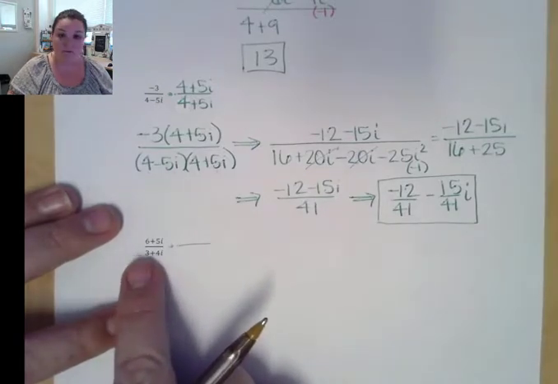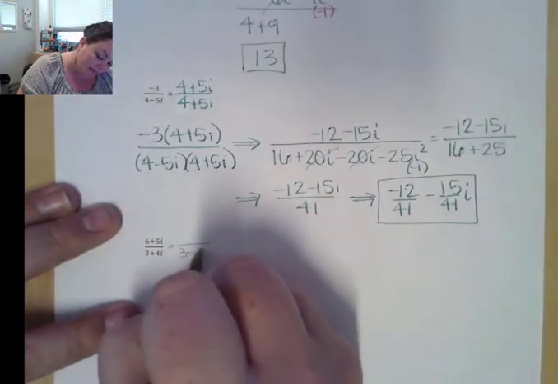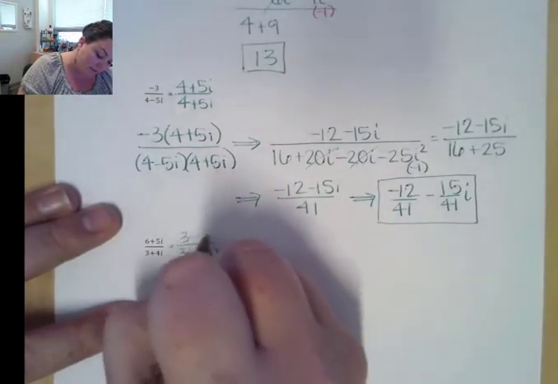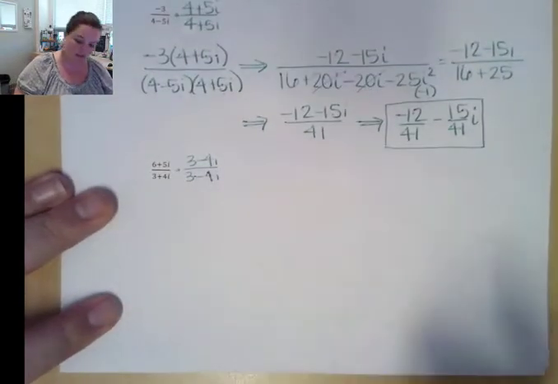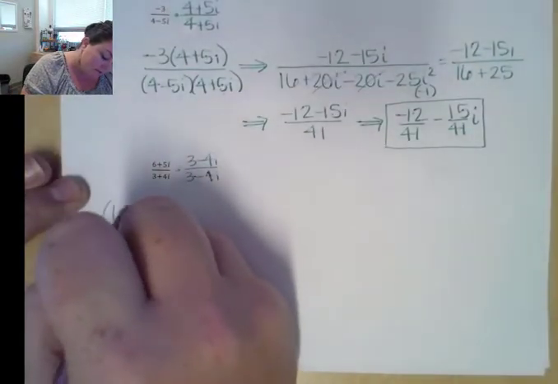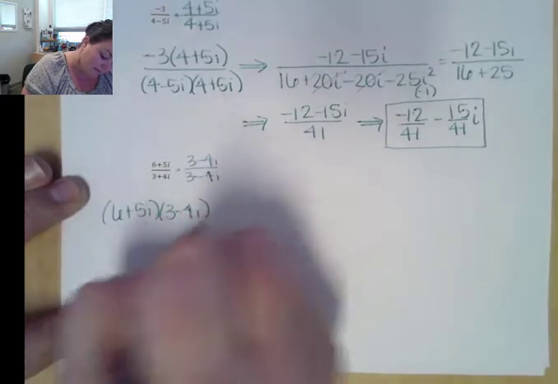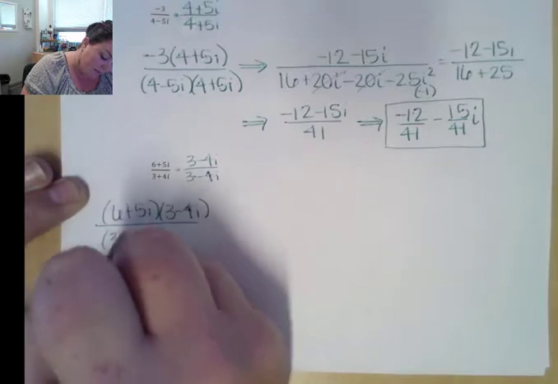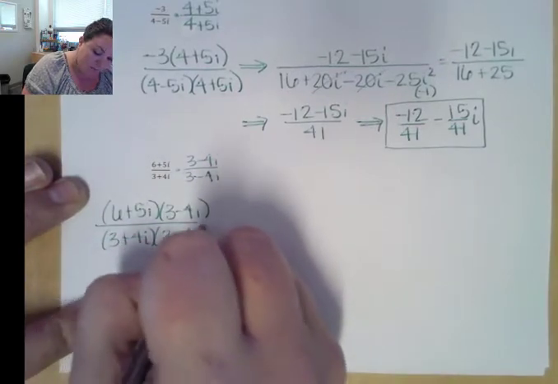This is a 3 plus 4i, so I'm going to multiply by a 3 minus 4i. Okay, and then I'm just going to rewrite it so I can see it a little bit bigger. So I have 6 plus 5i on top times 3 minus 4i. And on bottom, I have 3 plus 4i times 3 minus 4i.